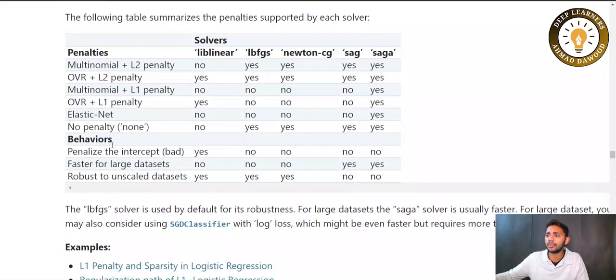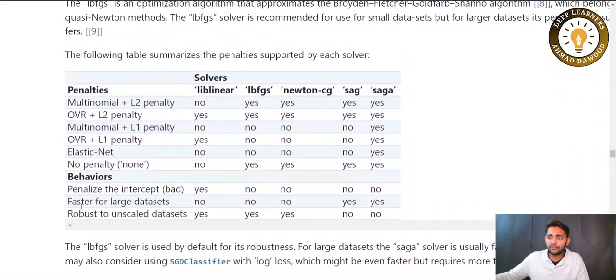Okay, some are, let's say, faster for large data sets. These SG and SAG gradient descents are faster for large data sets. If you have a very large data set, you can use those solvers. Robust to unscaled data sets: if you have not scaled your data set, then you can use all the solvers except the gradient descent solvers.